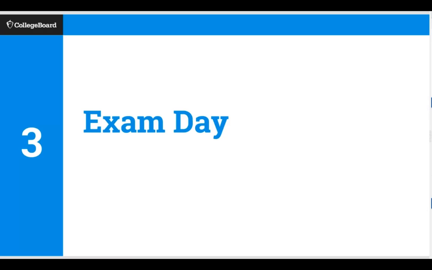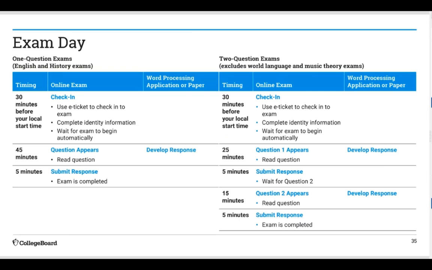On the day of your exam, you will have 30 minutes before your exam. You can go ahead and check in. You can complete your identity information and just wait for the exam to begin automatically. When it starts, question one will appear. You will work on your response.